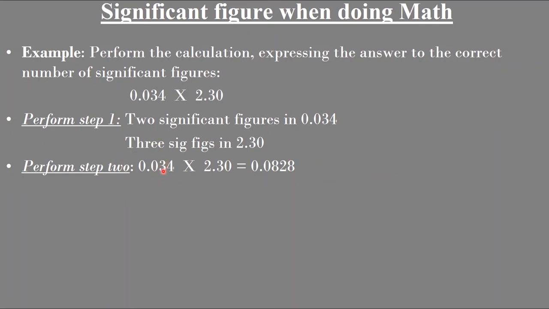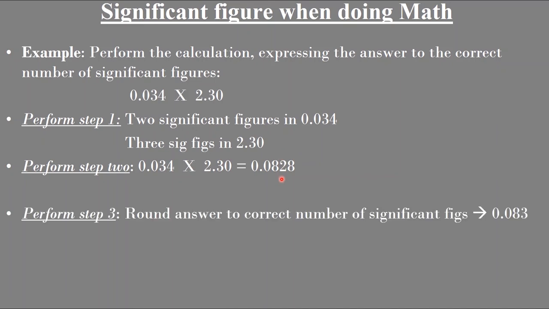This device was only precise up to two sig figs, and we have three sig figs here. So we are going to round it to two significant figures, which will be the 8 and 2. Based on the rounding rule, if the last digit to be kept is followed by a number greater than 5, we add 1 to this last digit to be kept, and your answer after rounding will be 0.083.